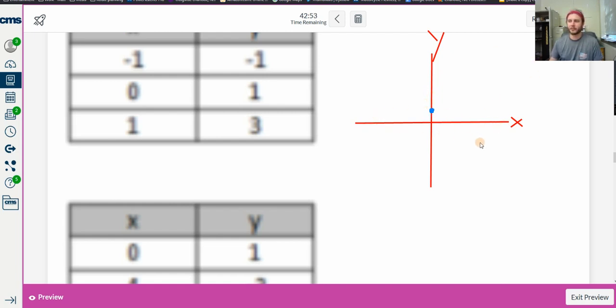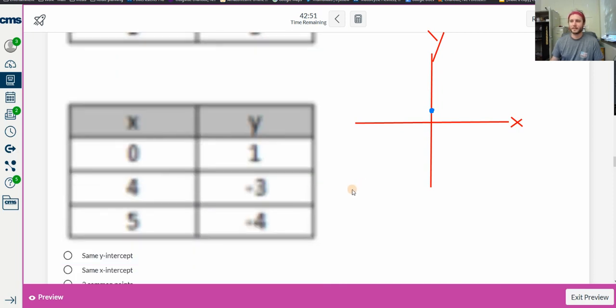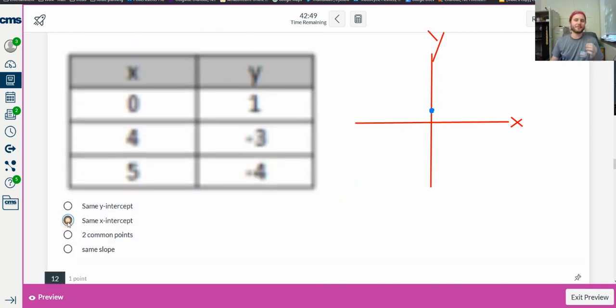Is this the x-intercept or the y-intercept? This is going to be that they have the same y-intercept. All right? When x equals 0, that means I'm on the y-axis. I'm right smack dab in the middle of the graph. So that's what this one's going to be. 2 common points. Yes, but that's not the answer we really wanted.